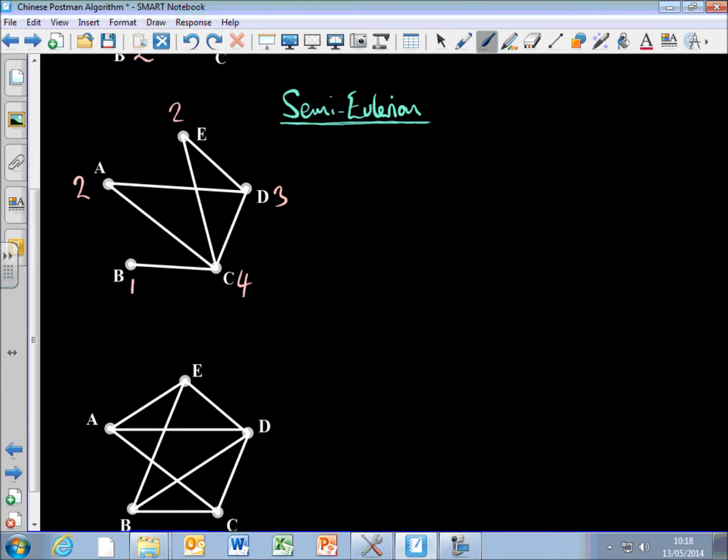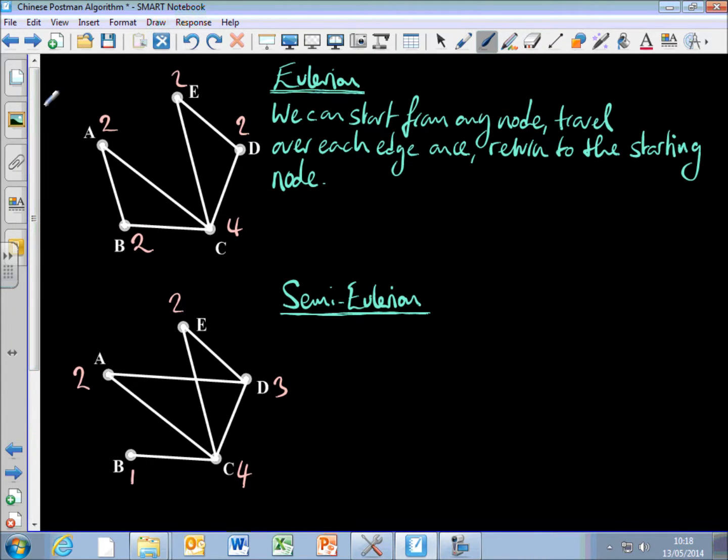Now, this top one, this Eulerian graph, is Eulerian because every node has an even order. So that's probably a better way of defining it. Every node has an even order. Okay, let me underline that.